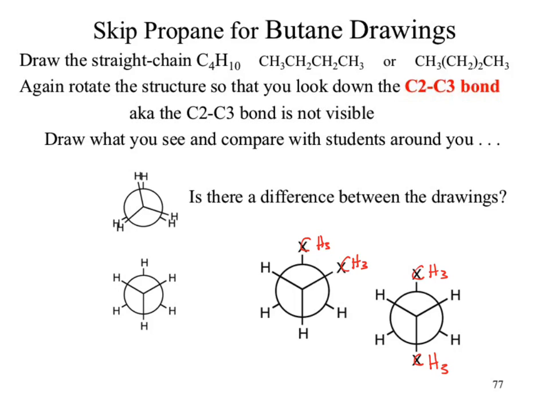The eclipsed relationships we tend to ignore. We ignore them because they are energy maximums, much like a transition state. The only thing we do with a transition state is say it's there, and that's about it. We try to avoid any other assessment there because if we assign too much weight to it, we start to make the assumption that the transition state exists.